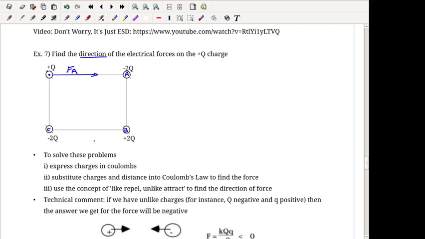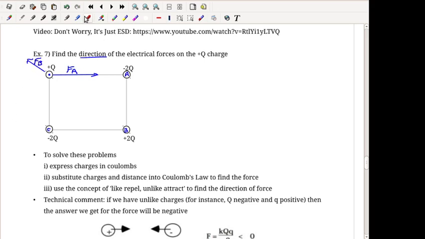And because charge B is farther away than charge A, it's going to be a smaller arrow. So it is going to be up at an angle away, but it's going to be a smaller arrow than FA.